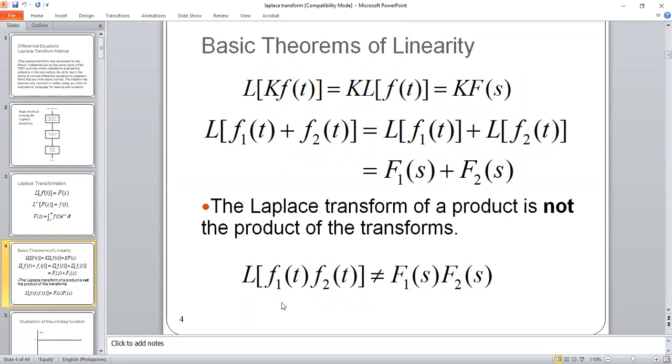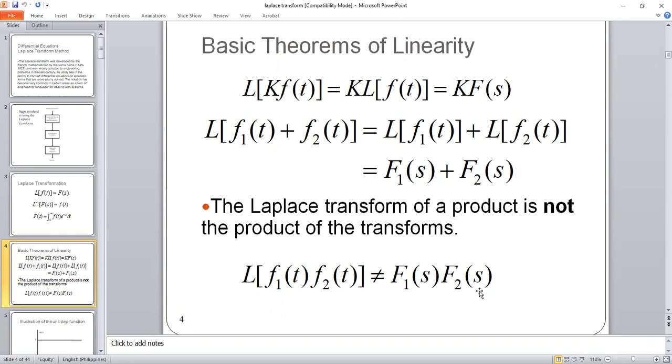The example I gave last meeting is regarding the sine and cosine function. Let's say your f1 of t is a sine function, and your f2 of t is a cosine function. You cannot determine the Laplace transform of the product of the two by simply multiplying their individual transforms. It's not allowed.